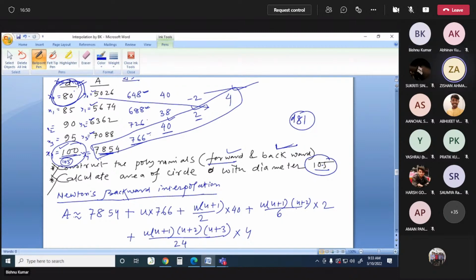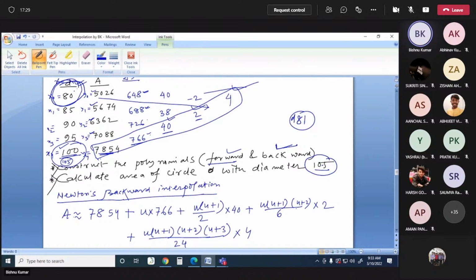Sir, if the asking point is 89, then? If the asking point is 89, there are also other techniques in between. If it is exactly in the middle, there is some other technique, Stirling and Bessel interpolation techniques. I will tell you that later.